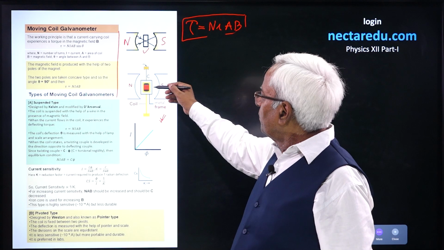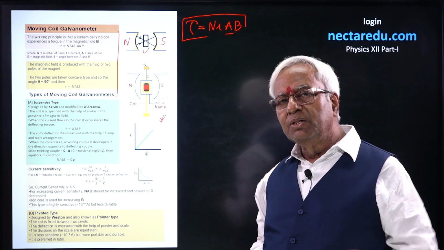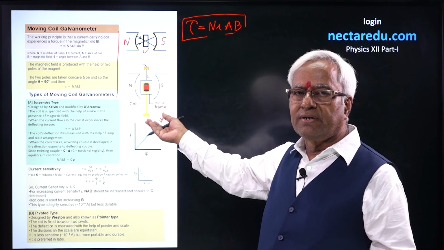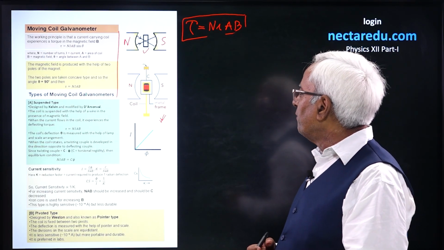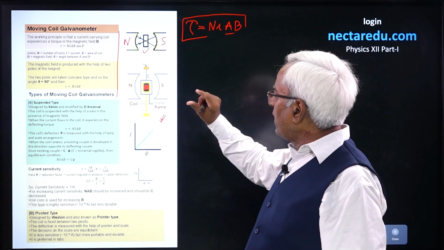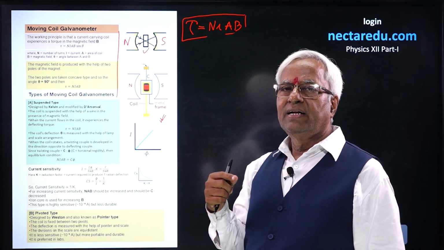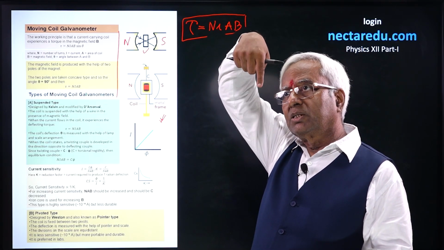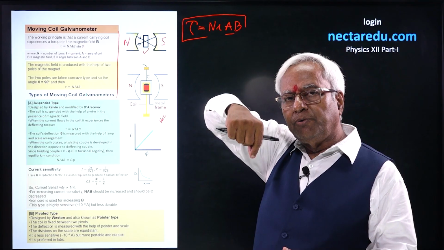We'll see what else is required within the coil for a greater sensitivity of the galvanometer right now. When the current passes through the coil, this coil will be rotated slightly, and when the coil gets rotated, the suspension wire will get twisted.